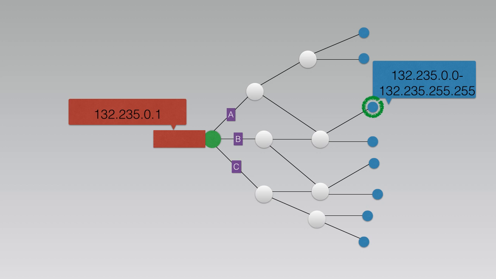So naively, we could then say, well, why don't we tell this node that 132.235.0.1, the address of this packet, should be, let's say, routed on the most direct way.